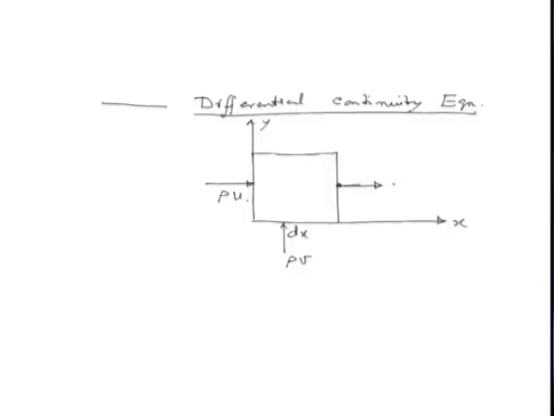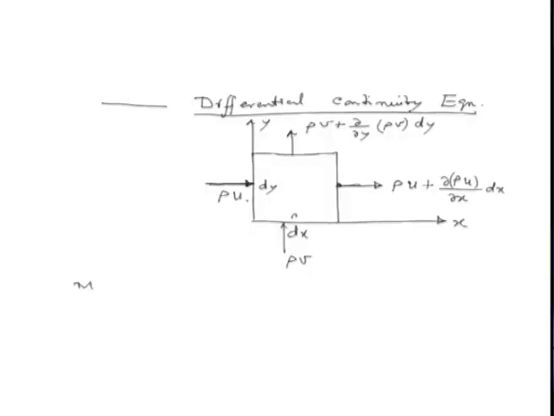Their values at the center of the positive x plane will be given by Taylor series expansion, rho u plus del of rho u over del x dx. Similarly, at the positive y plane, rho v plus del by del y of rho v dy. Now let us take one direction at a time.